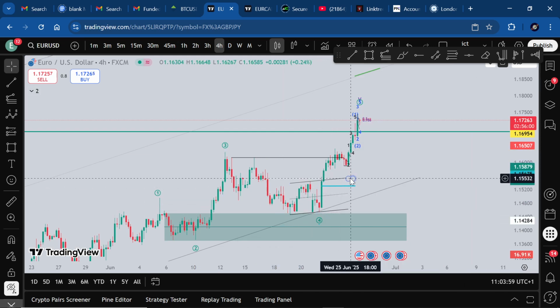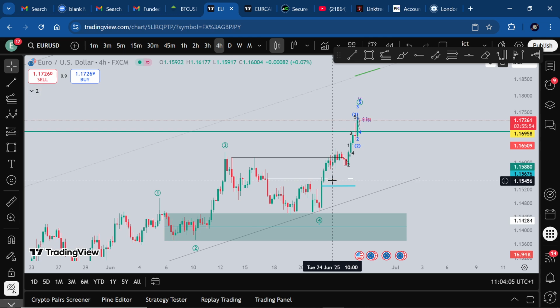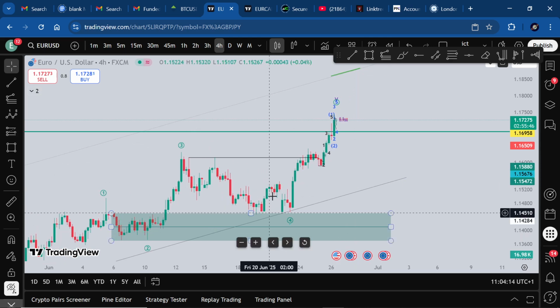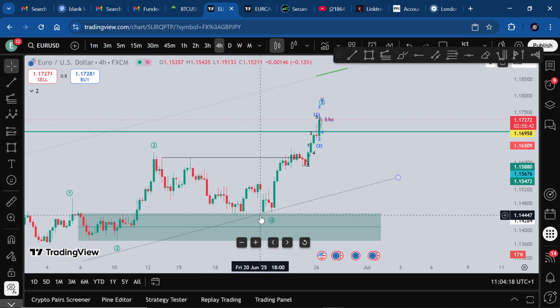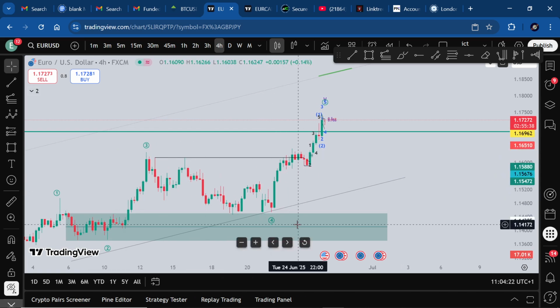Okay, that's much better. We've got now either a 1-2-1-2 or a 1-2, or we just got 1-2, depending on whether this is a WXY.